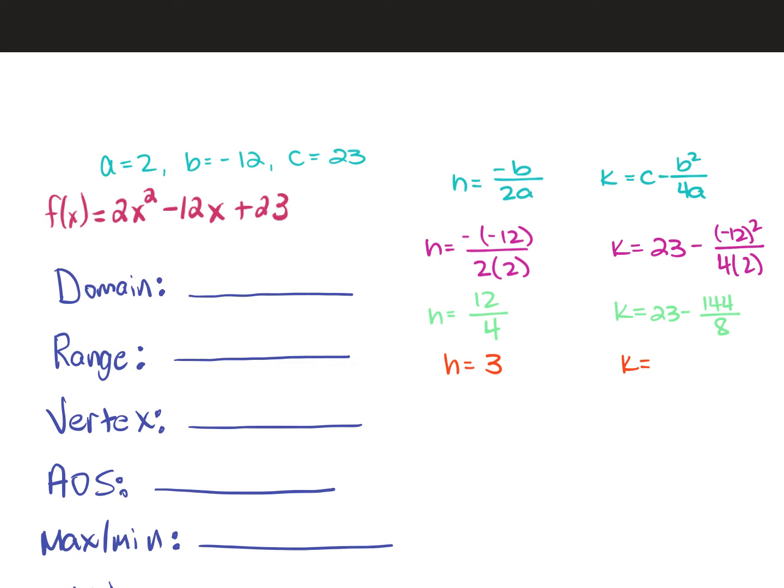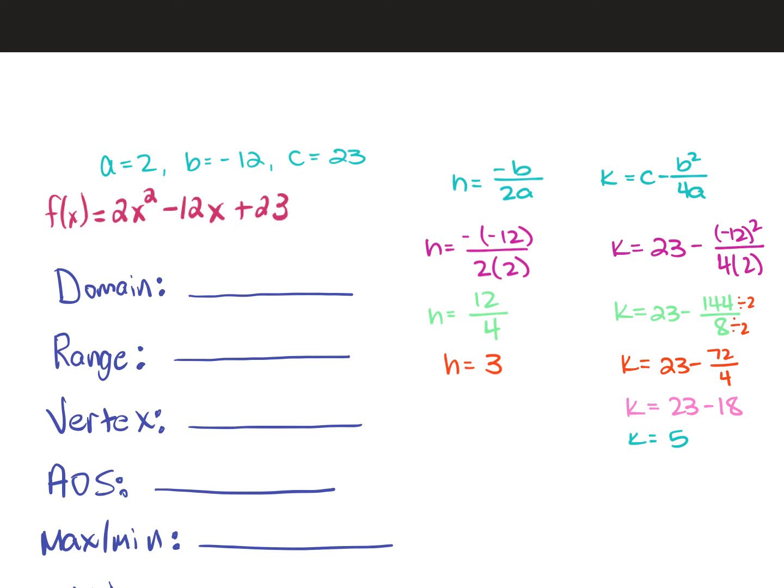So at least divide them both by 2. That gives you 23 minus what? 144 divided by 2 is 72 over 8 divided by 2. Does 72 over 4 simplify to what? So k is equal to 23 minus 18. What is 23 minus 18? 5. So you have an h of 3, a k of 5.